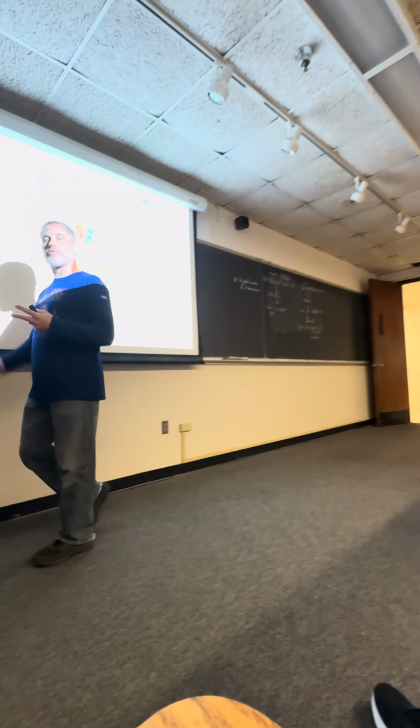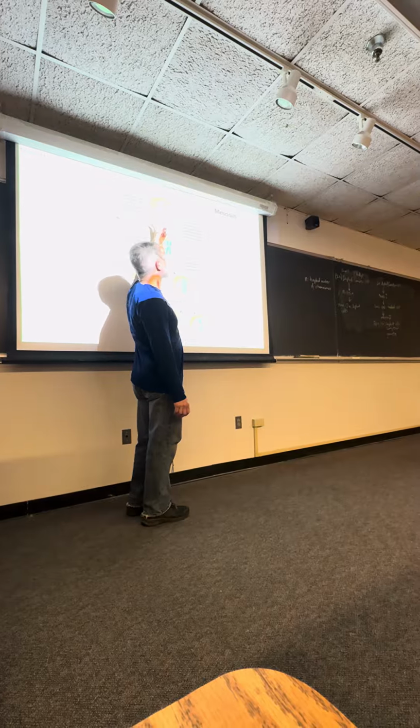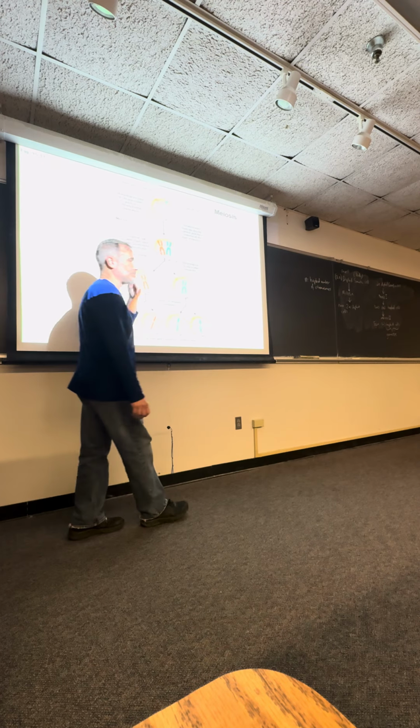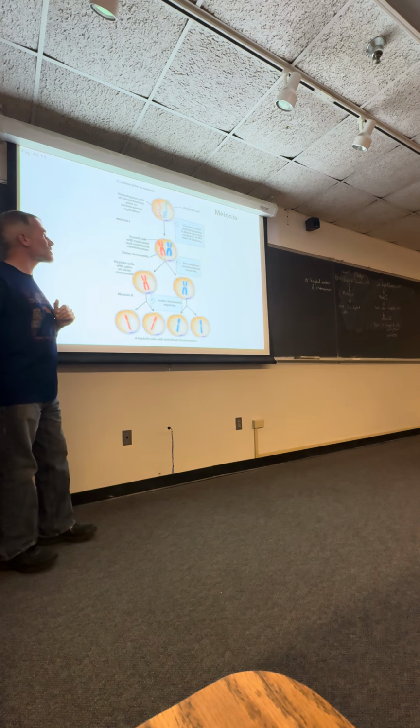If we look at an overview of this, we start out with a diploid cell, and this cell just has a single set of chromosomes. If this was a human cell, we'd have 23 times what we're looking at there. But that single set of chromosomes undergoes replication prior to meiosis, so that all the chromosomes have their sister chromatids.